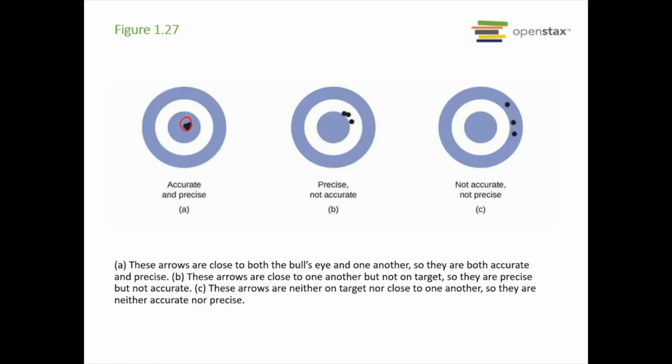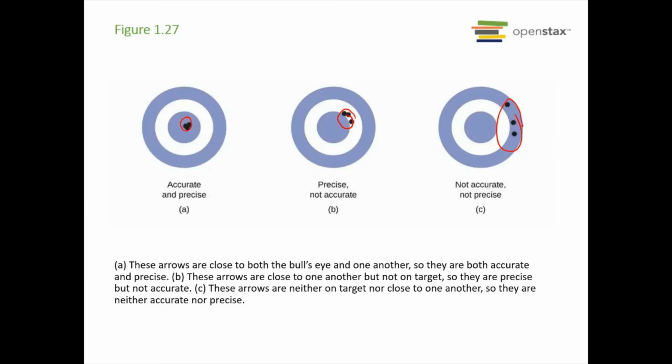They all landed in the same area. Next to it, we notice that these shots are pretty close to each other, but they're not at the center. So these are precise, but not accurate. So it's repeatable, but not that close to the actual accepted number. And then over on C, these guys are not accurate, nor are they precise.